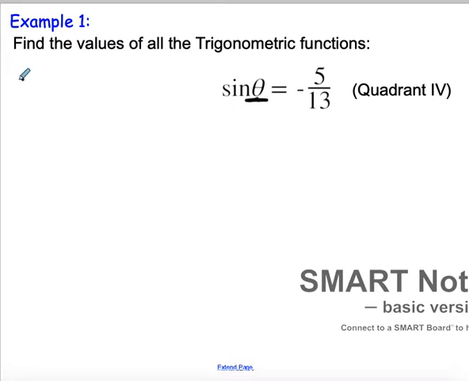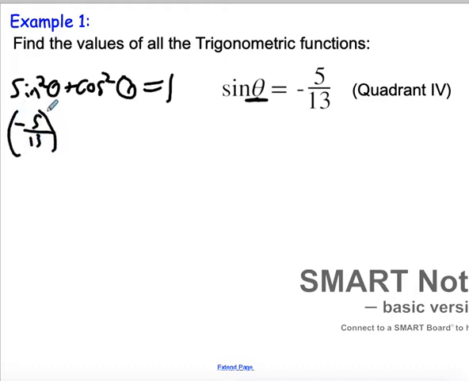First off, let's use sine squared of theta plus cosine squared of theta all equals 1. Well, sine of theta equals this. So we could plug in negative 5 over 13 squared plus cosine squared of theta equals 1.